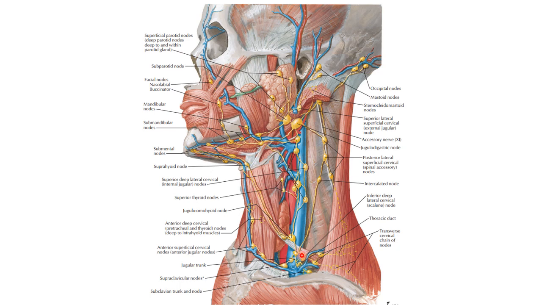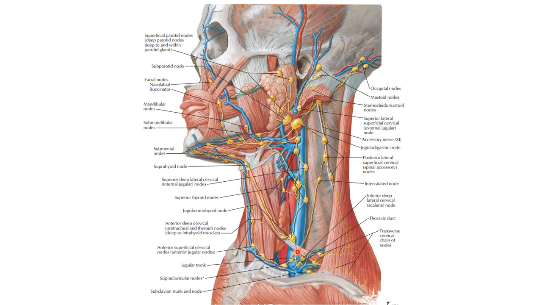Okay? After the jugulo-omohyoid node, it will progressively drain into the jugular trunk and eventually into the thoracic duct, which is this one, before it rejoins the venous blood in the systemic circulation. But you will appreciate from this picture that there is a progressive filtration of the lymphatic fluid as it passes through the node system.